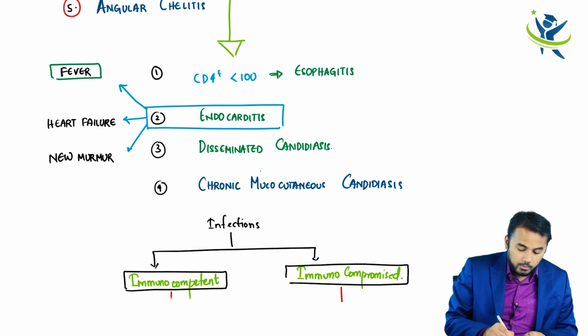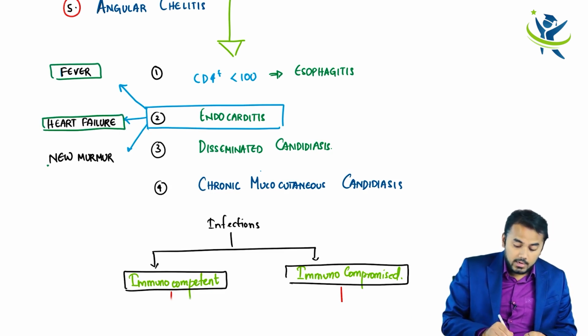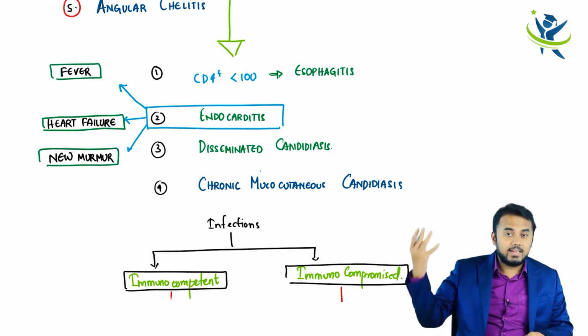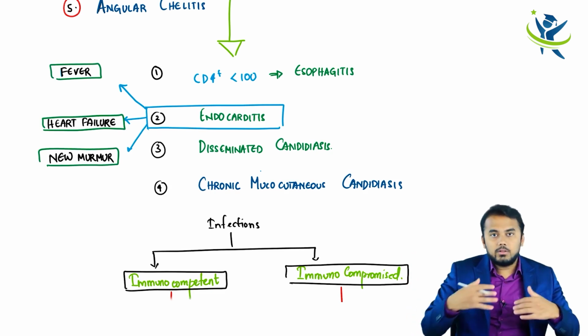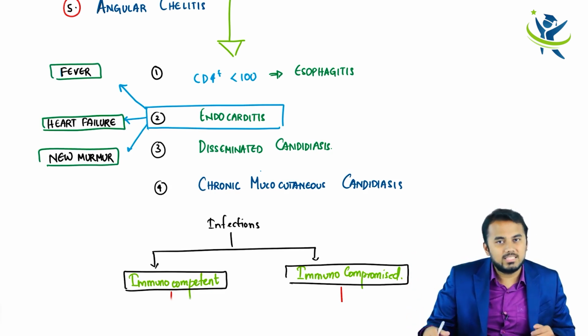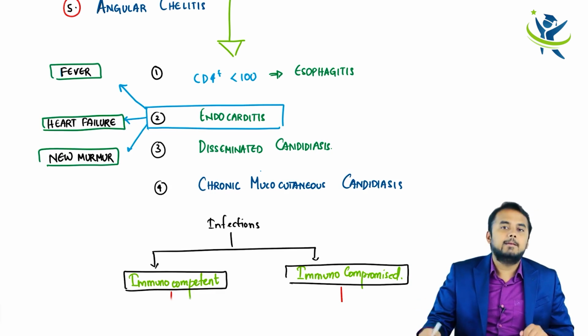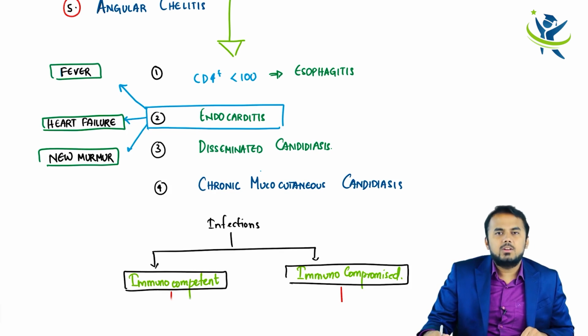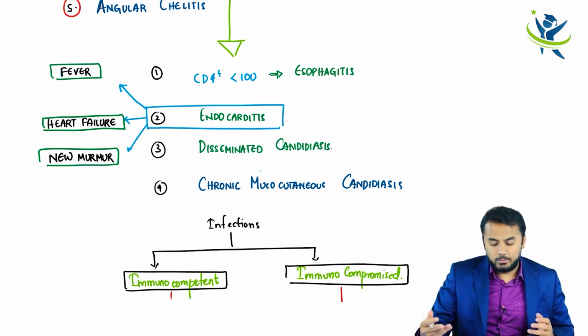Till you come and prove me that no, fever and a new murmur is also seen in different cases, till then whatever statement I have told you will be the right one. This is not a statement which I give, but basically this is a statement which every doctor knows, okay, right.